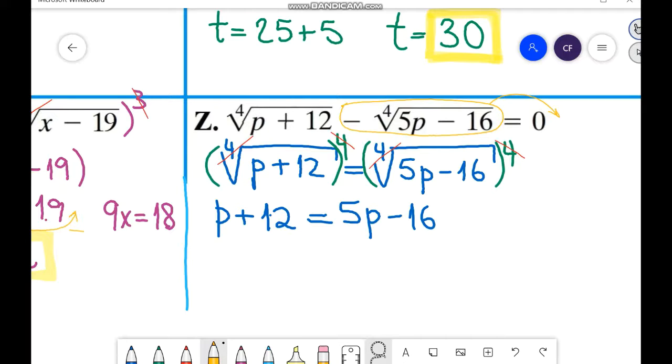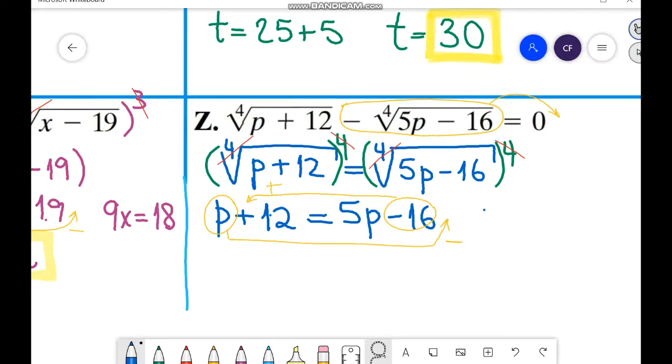Apply the addition property of equality, because you're going to move this p to the other side. And just a reminder, this is the addition property of equality. It's the same thing as adding or subtracting p from both sides. Then the effect is that you move this p to the other side as a negative, negative p, and move this to the other side, which becomes a positive.